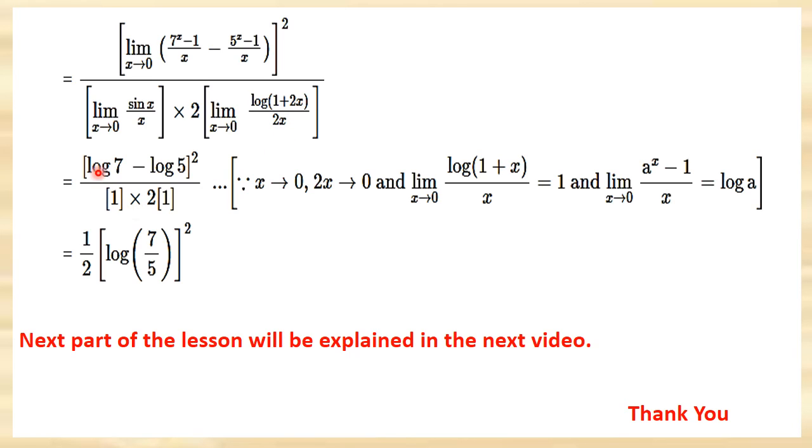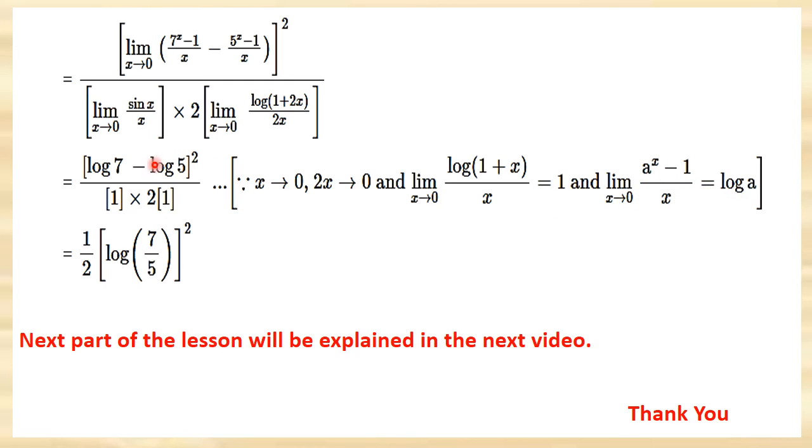Now we can apply the limit by using the results. Here in the numerator, the function is in general form only, and in the last term it is 1 plus 2x, and we know when x tends to 0, 2x also will tend to 0 only. So we can apply the general form, that is limit x tends to 0 log(1 plus x) upon x is equal to 1, and limit x tends to 0 a raised to x minus 1 upon x is log a.